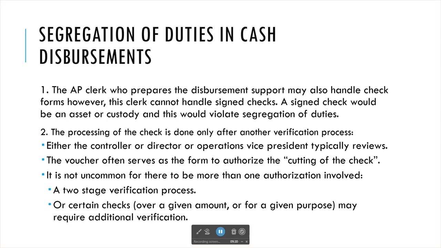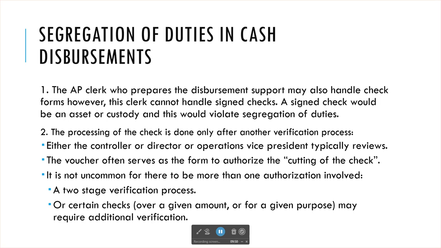After the verification process is completed, and this is in the cash disbursement side, another verification process, it's only at that point can we actually go on to cut the check.